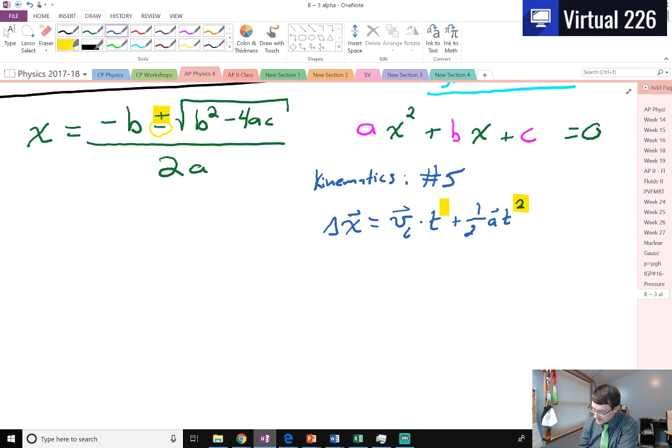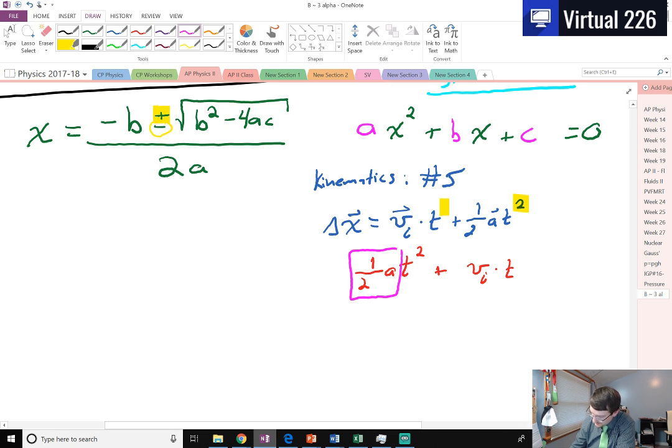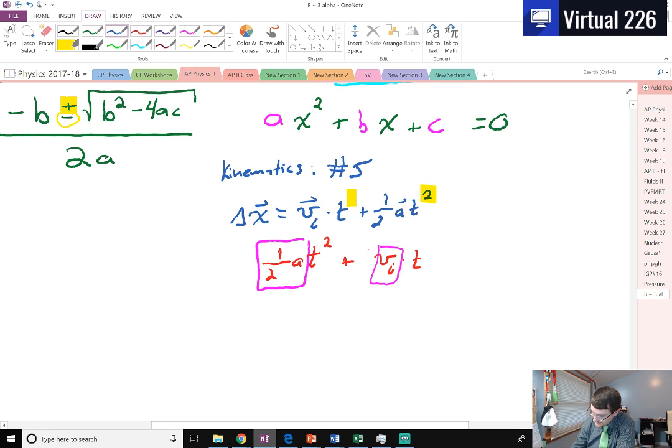So if I wanted to set this up in standard form, it would be like 1/2 at squared, where that's a coefficient, plus vit, where this right here is a coefficient, and don't forget about the plus or minuses in front depending on what you have, and then minus, because I'm bringing that delta x over, delta x equals 0, where this minus delta x is some coefficient. Okay, that's our a, b, c.